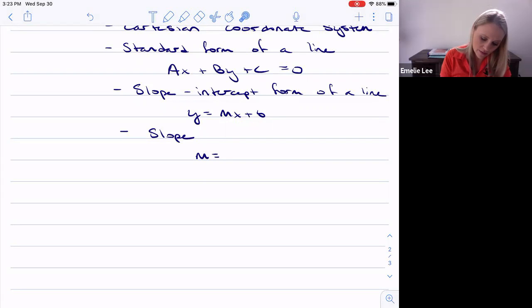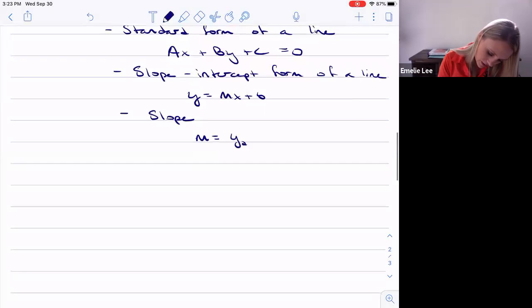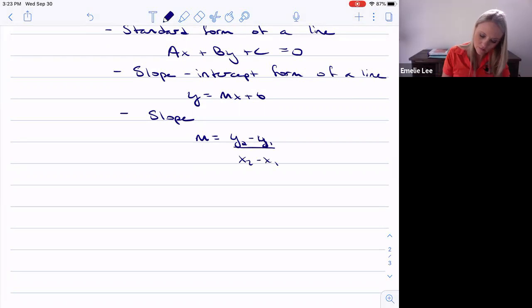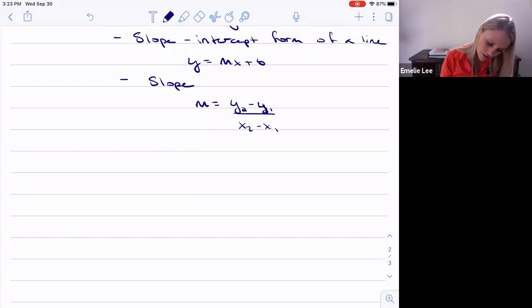And then we said if we have a line going through (x1, y1) and (x2, y2), then the slope would be y2 minus y1 over x2 minus x1. And we also talked about positive and negative slopes.